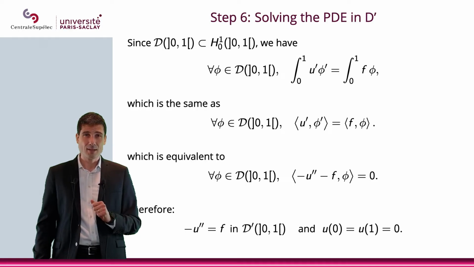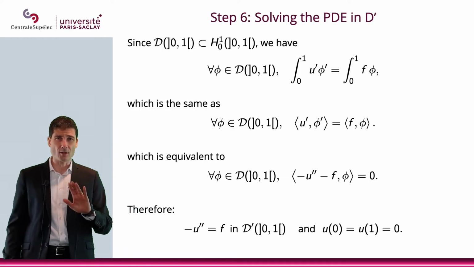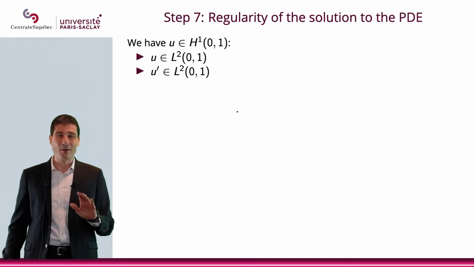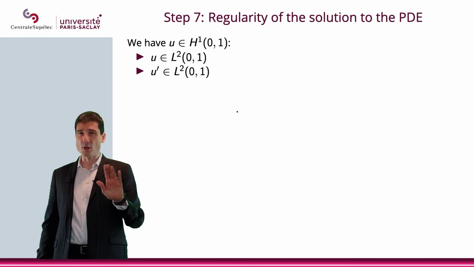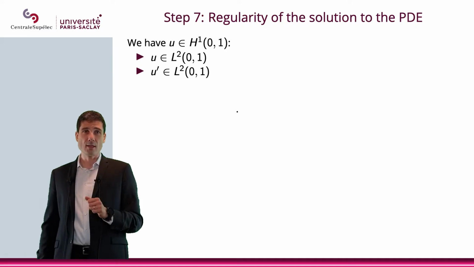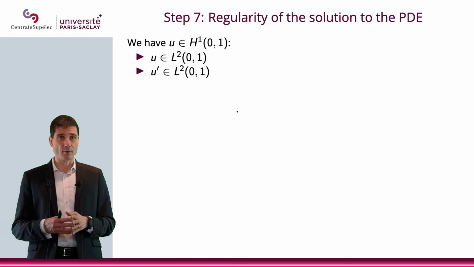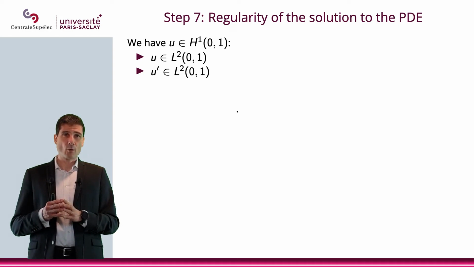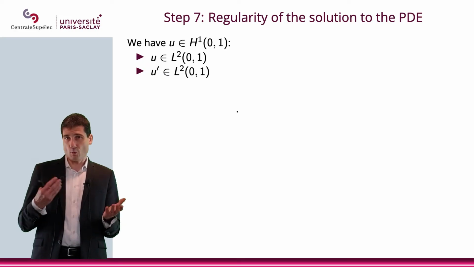All right. Now, let's just summarize a few things here and go to the next step. What do I have? I said that we had u in H1, that's what Lax-Milgram gave me. I had u in H1_0, because u is equal to 0 at both ends. So u is in H1, which means that u is in L2 and u prime is in L2.